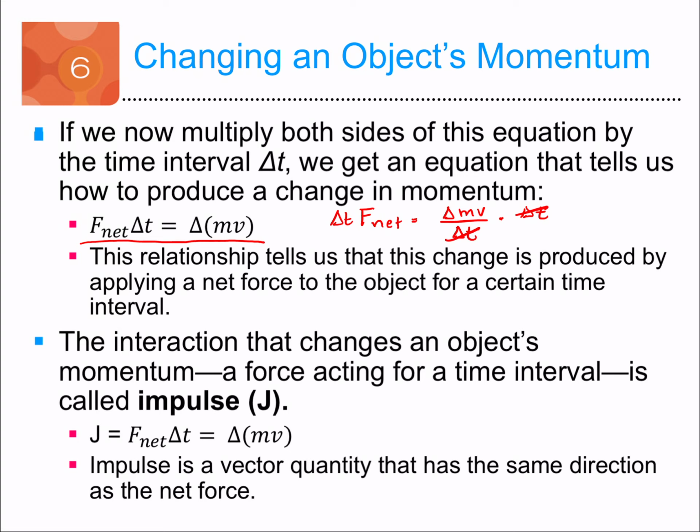The interaction that changes an object's momentum is your force that acts for a certain time interval. And this is now represented by a capital J. So it's net force times time, but notice it's also delta mv. It is a vector quantity, and it has the same direction as the net force. Okay, this ends part 1 of chapter 6.